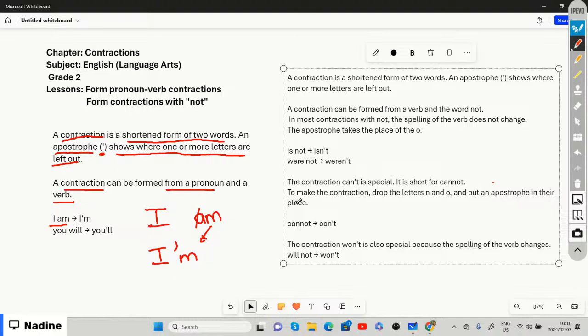So we say I'm 9 years old or 8 years old. Instead of saying I am 9 or 8 years old, we can say I'm 9 years old. And I'm is basically a shortened word for I am. So I'm stands for I am.